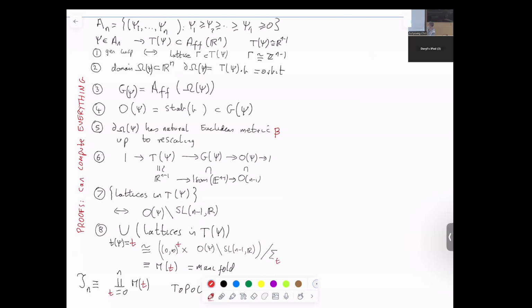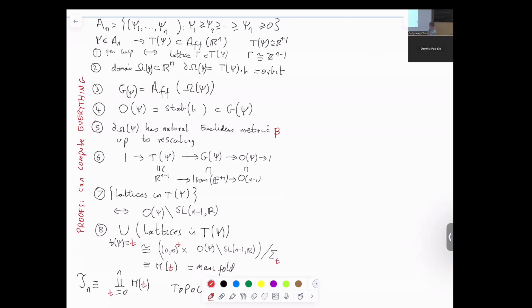Now, if you want to know about all the lattices for fixed type, you take the union of all these over as psi varies over a fixed type. You're taking a union of manifolds of some dimension. And that union, if you think about it, you take the product, or you take all parameters of a fixed type. So if you're dealing with type 3, you take 3 positive numbers, and you take the product of this interval and the moduli space for fixed type, and then you have to quotient out by the action of the permutation group.